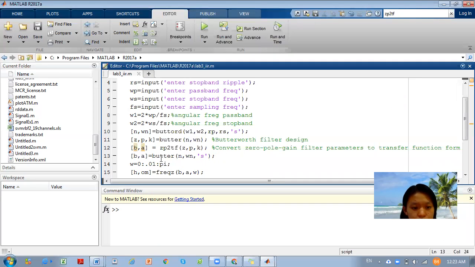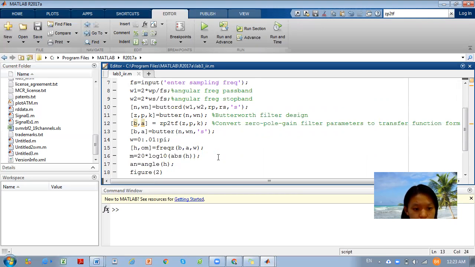So then, okay, we use this to display it again into a Butterworth transfer function. Then this one, omega, we are plotting our graph from 0 until pi. So the interval is 0.01.